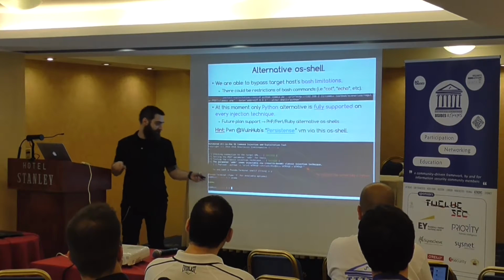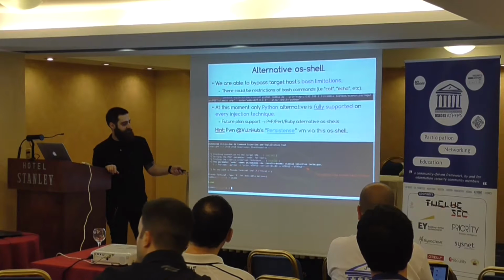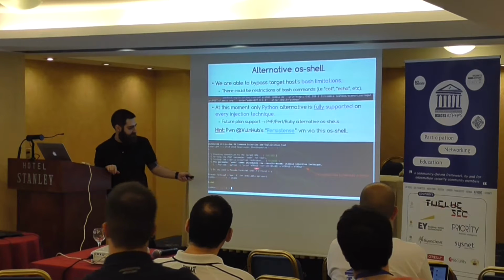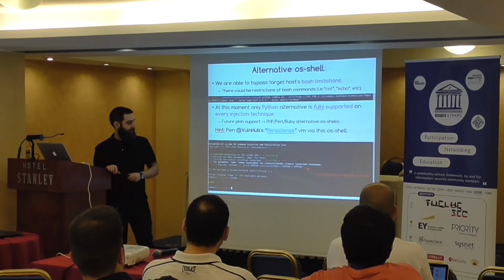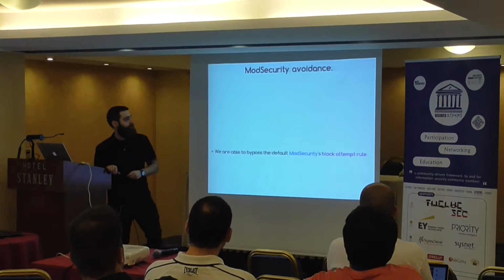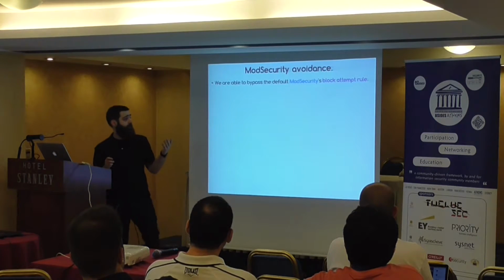Here is the alternative operating system shell of Python, and as you can see here, the payload has turned into Python. Commix is able to bypass ModSecurity's default blocking rule.